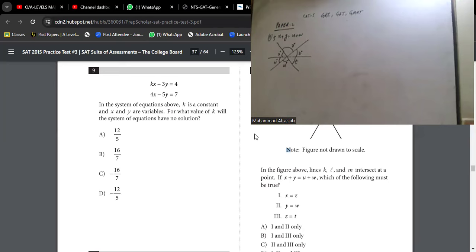Then, which of the following is true there?